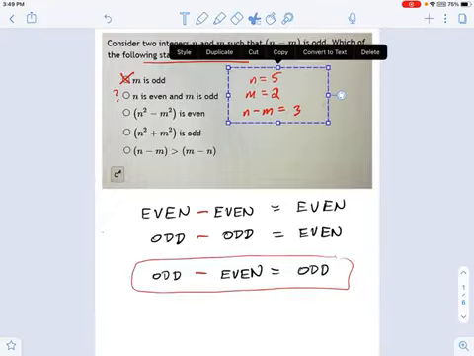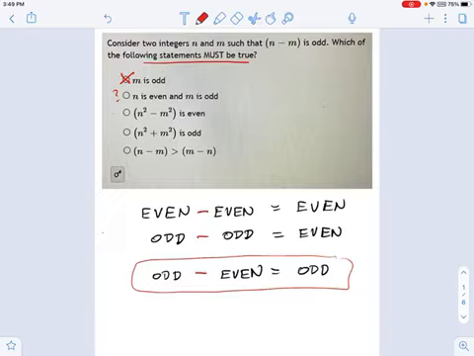So let's take another one of these in turn. This doesn't have to be true. n squared minus m squared. Does that have to be even? Well, I don't know. Let's try it out.